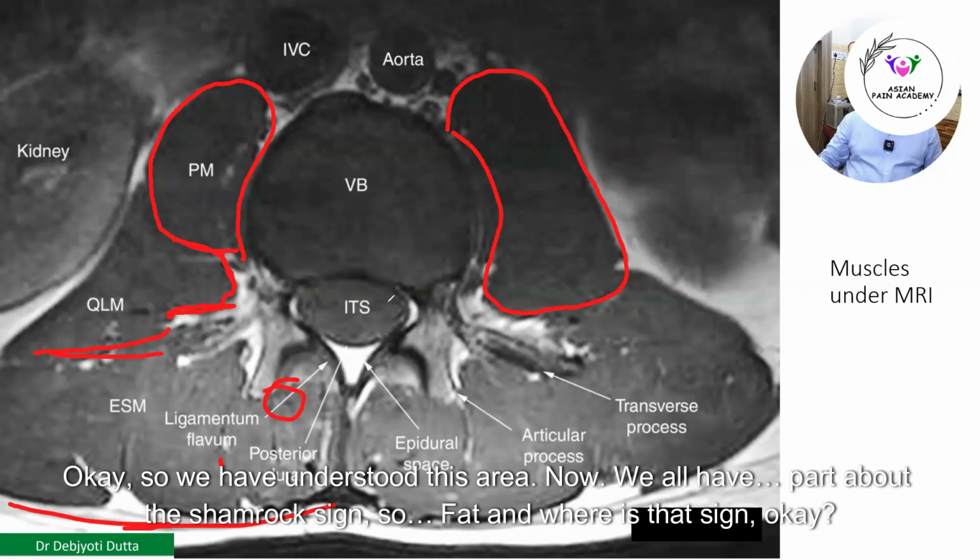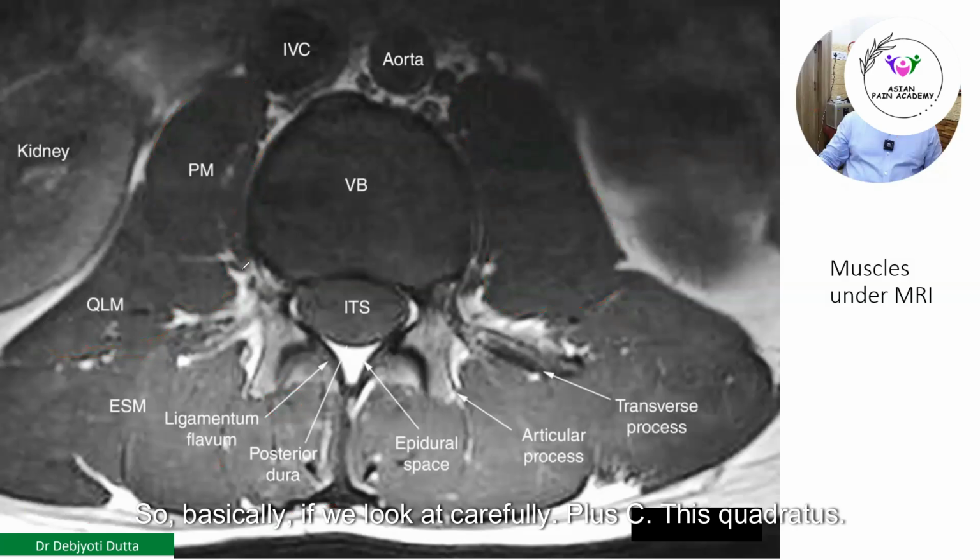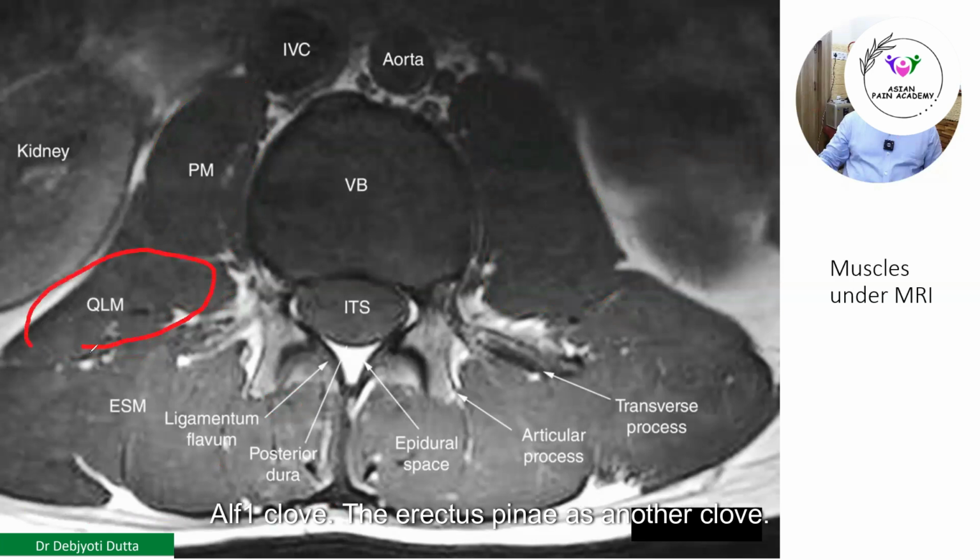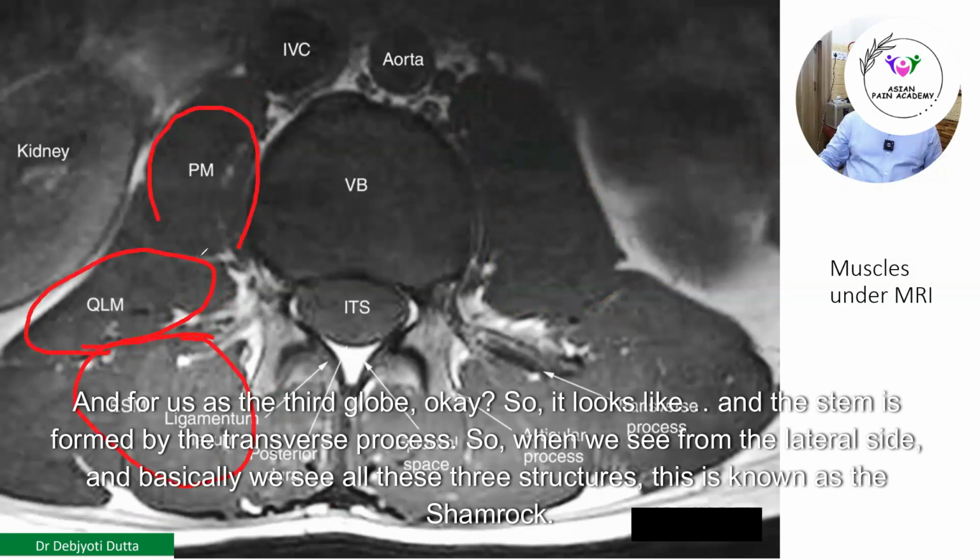Now we all have heard about the shamrock sign. So what and where is that sign? Okay, so basically, if we look carefully, first see this quadratus as one clove, then erector spinae as another clove, and psoas as the third clove.